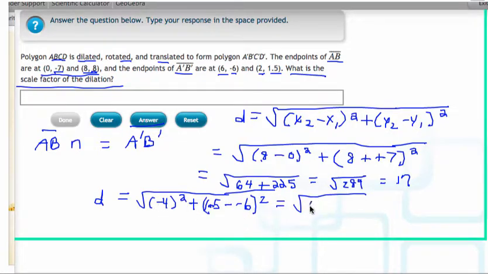Negative 4 squared is 16, plus 1.5 minus negative 6, plus positive 6, is 7.5 quantity squared.